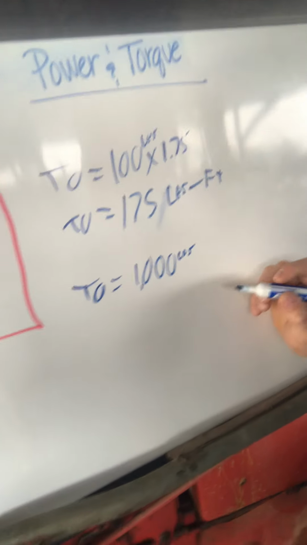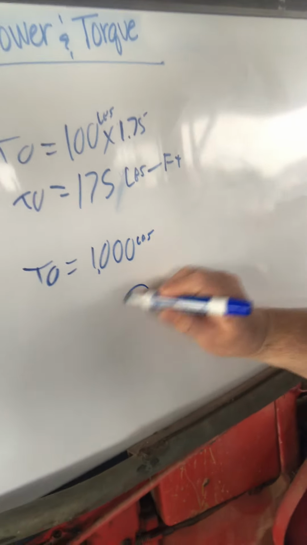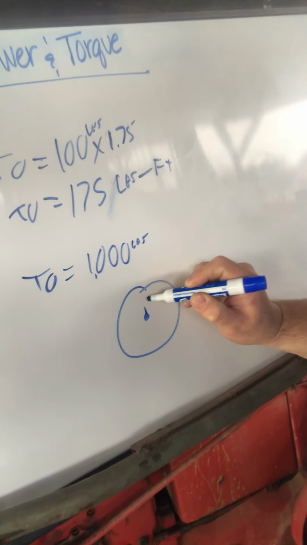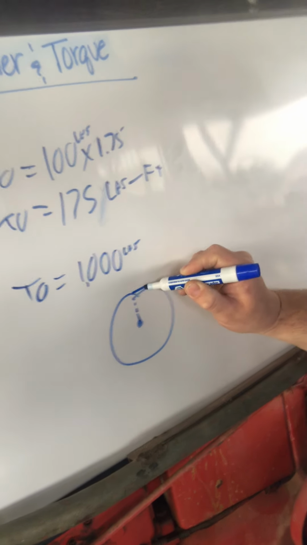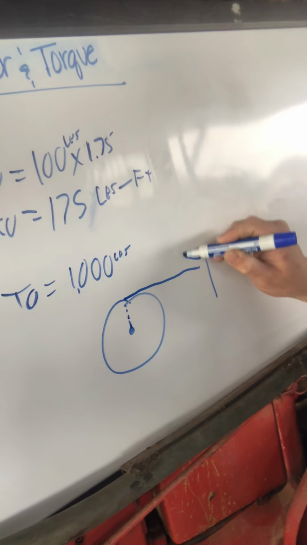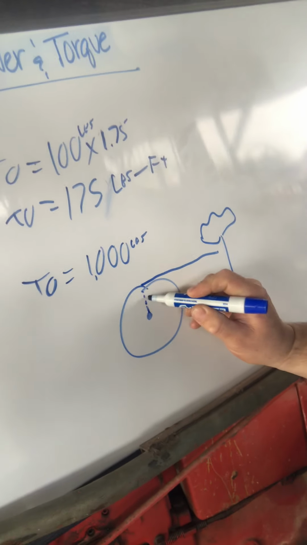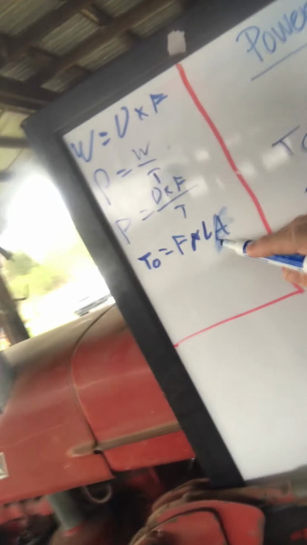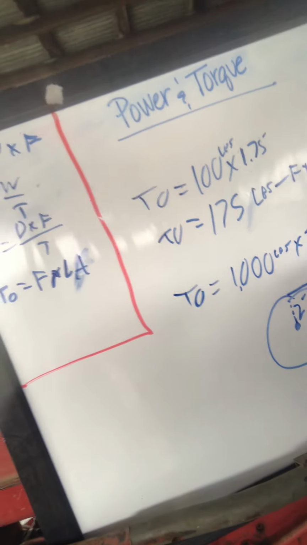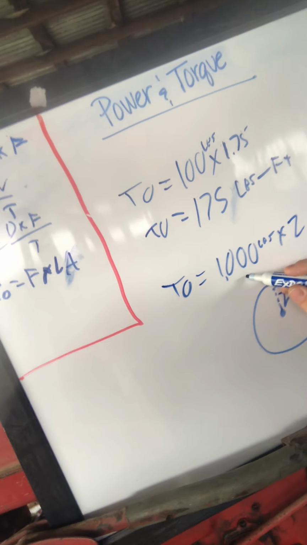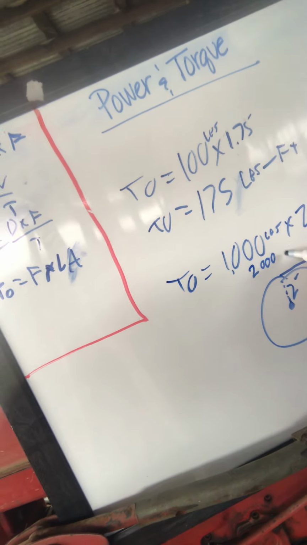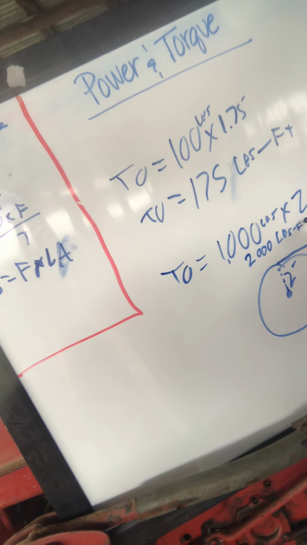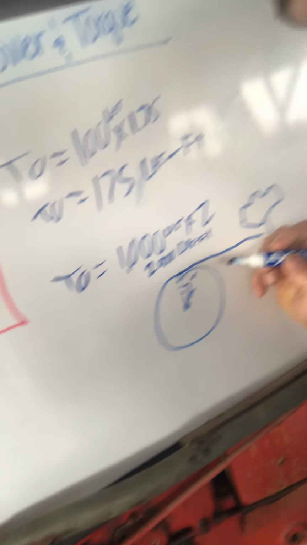And we know that lever arm, from the center of the tire to where the chain is, this is 2 feet. That is our lever arm. So 1,000 times 2, simple math, we end up with 2,000 pound-feet of torque.